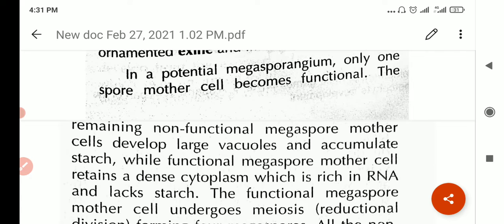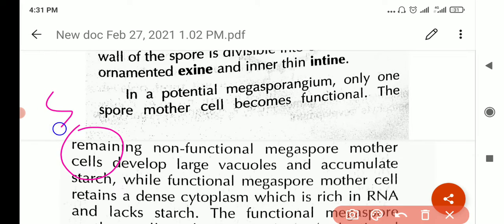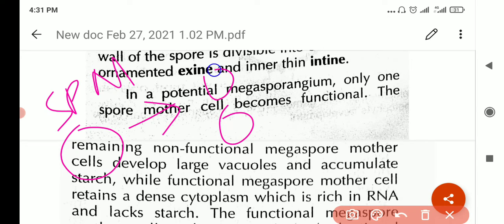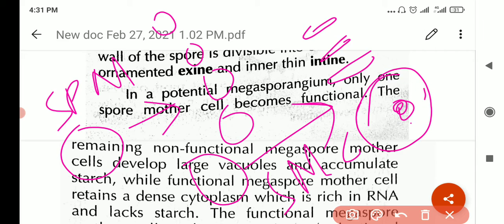But those non-functional ones, if this is the spore mother cell, up to here the spore mother cell is the same, no? If this one wants to become the microspore, it will undergo meiosis like this. But if this spore mother cell wants to become a megaspore, these will become non-functional, and this last one, the functional megaspore, will have very dense cytoplasm, lots of RNA, lots of DNA, lots of organelles, while the non-functional one will have lots of vacuoles, means empty space.